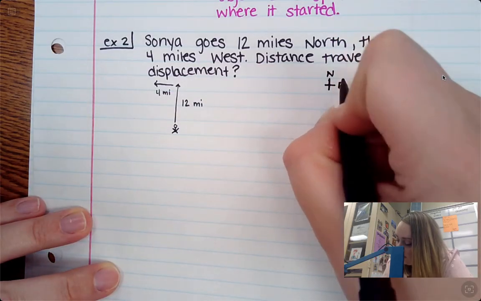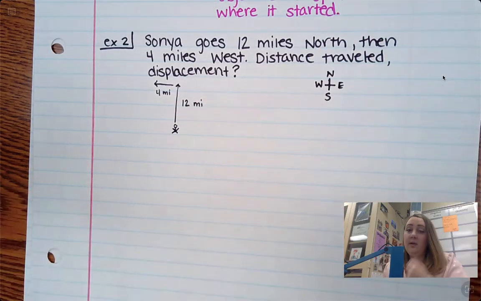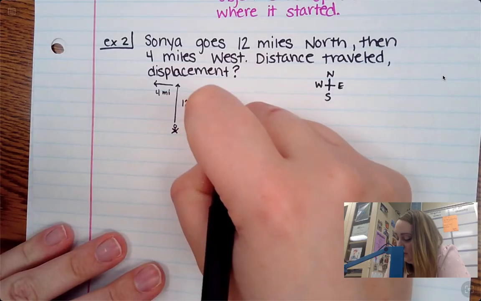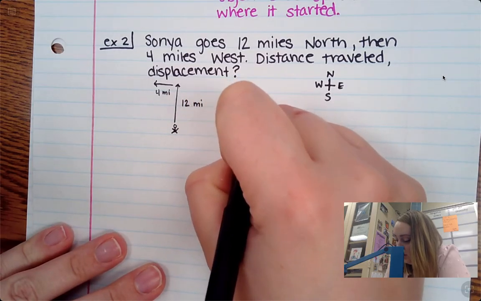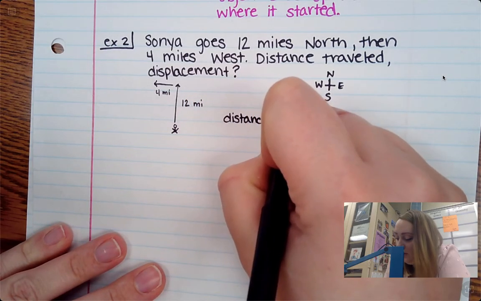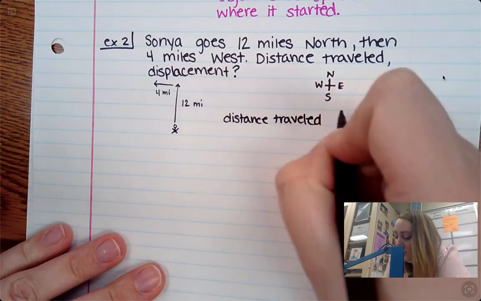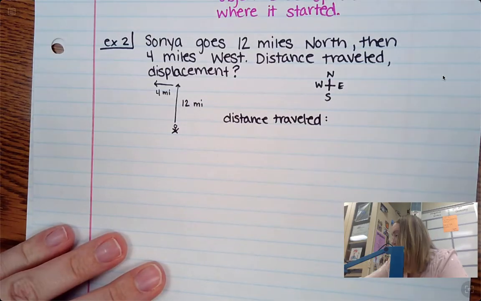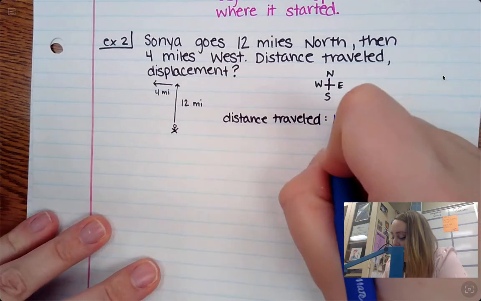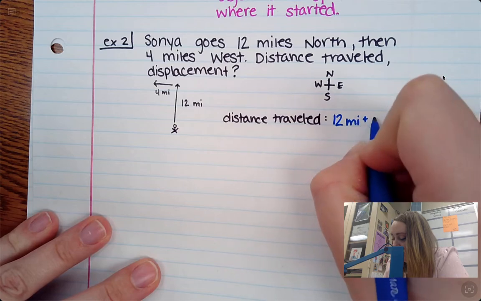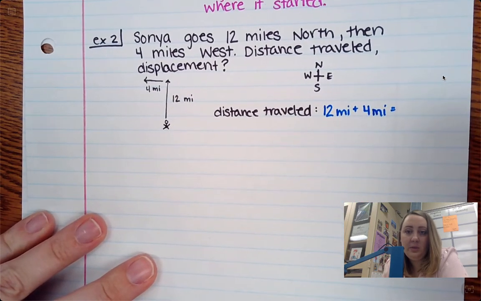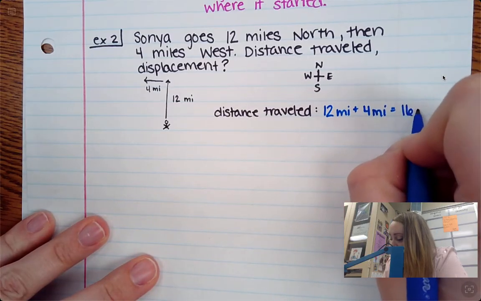North, east, south, west, if that helps you keep these straight. So her distance traveled, we don't know if she was driving in a car or if she was running. We can do just 12 miles plus 4 miles. She went a total of 16 miles.